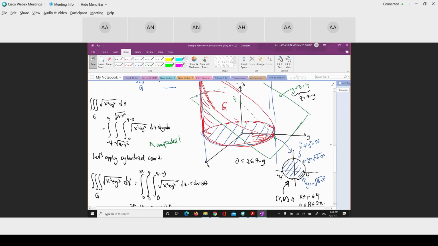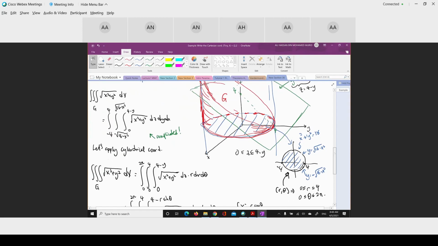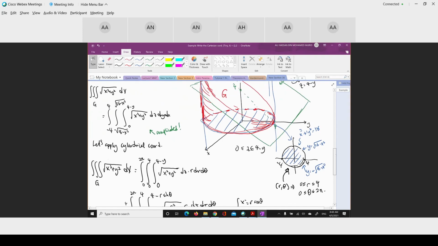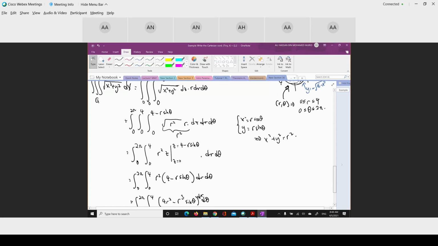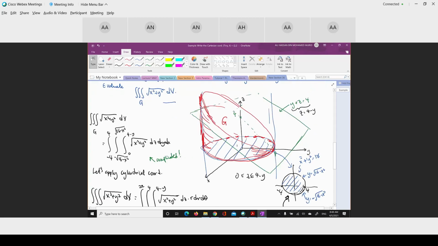So it's a lot easier to evaluate the given triple integral using cylindrical coordinates. Because as you can see, the object involves a cylinder. If the object involves a cylinder, you should think of cylindrical coordinates.